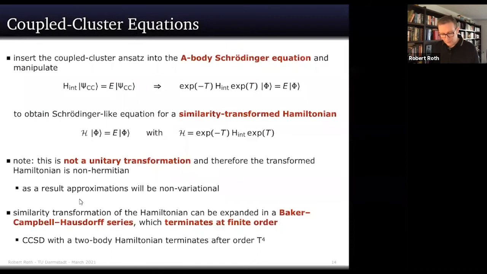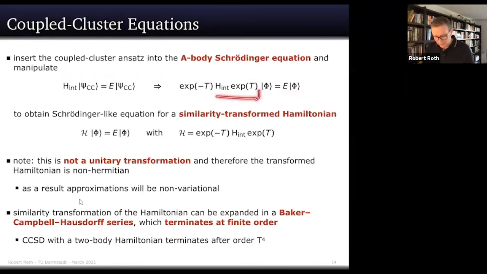And then after plugging in this ansatz for the psi coupled cluster, I multiply the exponential operator that is on the right-hand side here with the inverse, so e to the minus t, so that this whole equation takes up this form. It's this e to the minus t Hamiltonian e to the t reference state. That's not the coupled cluster state, that's a reference state, the simple Slater determinant, energy, eigenvalue, reference state.